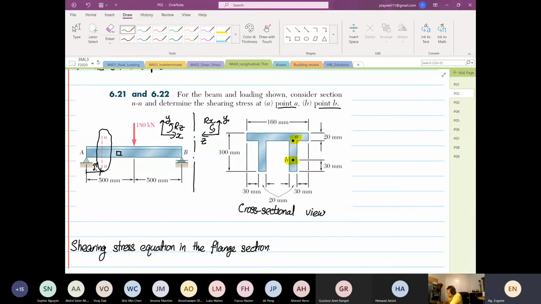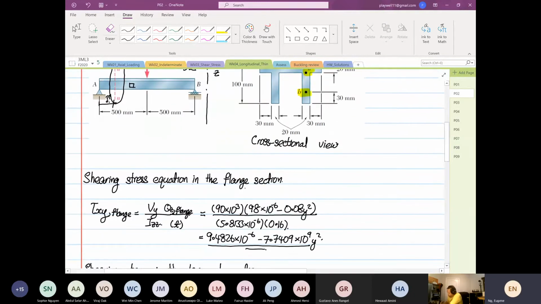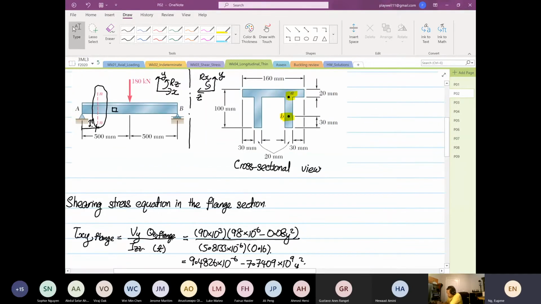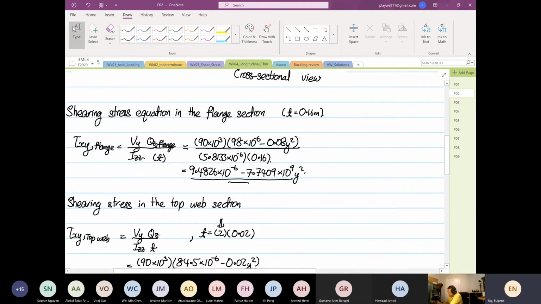We started forming the shearing stress equation in the flange section. So we have the distribution. The unique thing about the flange section is the thickness, which is equal to 0.16 meter.